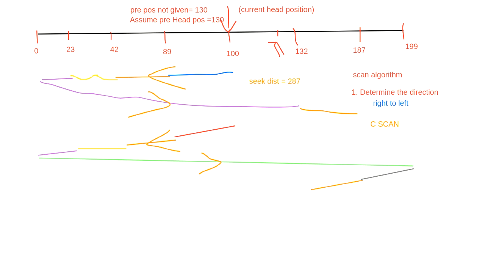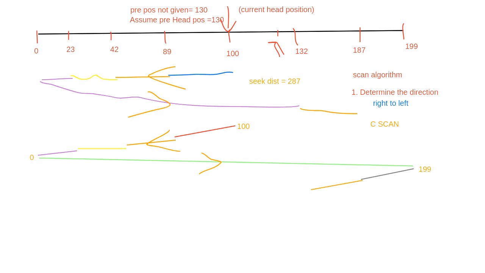So what is the seek distance? Seek distance is very easy. Can you find out the seek distance? 100 minus 0, plus 199 minus 0, plus 199 minus 132. This will give you the seek distance. I repeat, how do you find the seek distance for circular scan? This is 100 and this is 0, and this is 199 and this is 132.